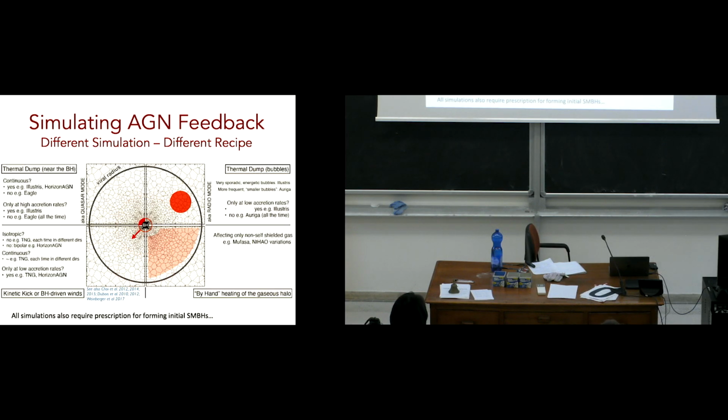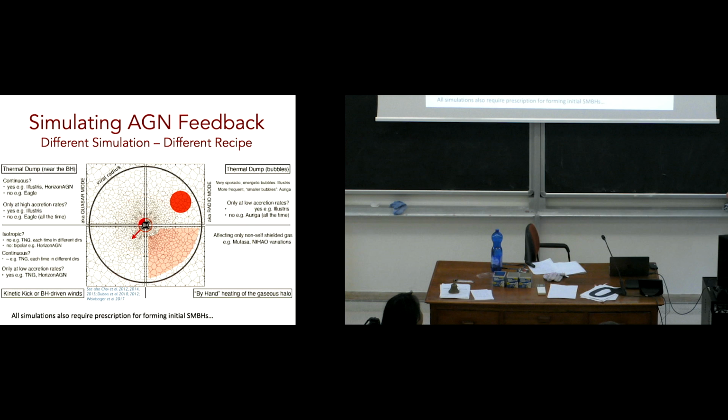Instead of having this kind of energy dump here, the other somewhat similar option is having a thermal dump in the form of bubbles. So this is a sporadic release of energy into the outer parts of the halo. This is a second basically AGN feedback mode, also called radio mode, that's implemented in Illustris.